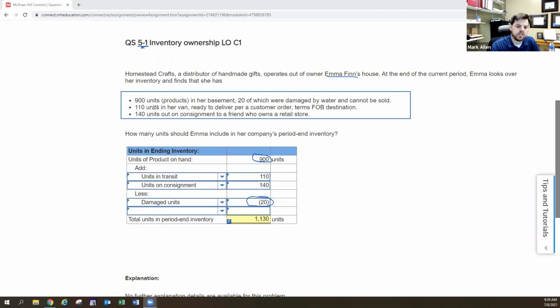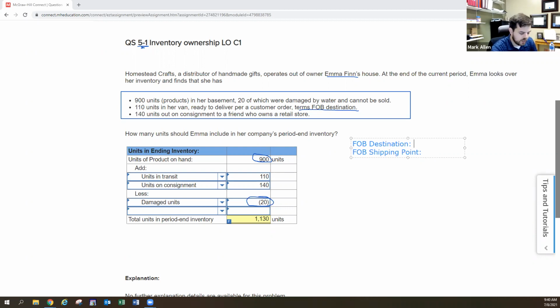Now, the next thing that we see is we have 110 units in her van ready to deliver to a customer. Notice the terms on this order, though, FOB destination. So we actually first saw this FOB destination piece back in Chapter 4 when we talked about FOB destination versus FOB shipping point. And what we found was that in this case, we are the seller.